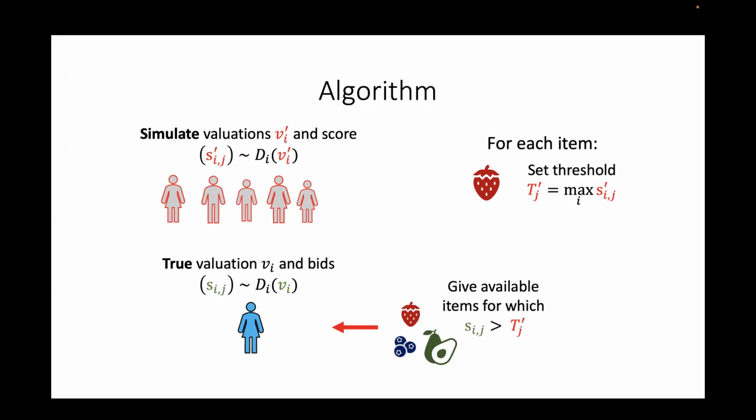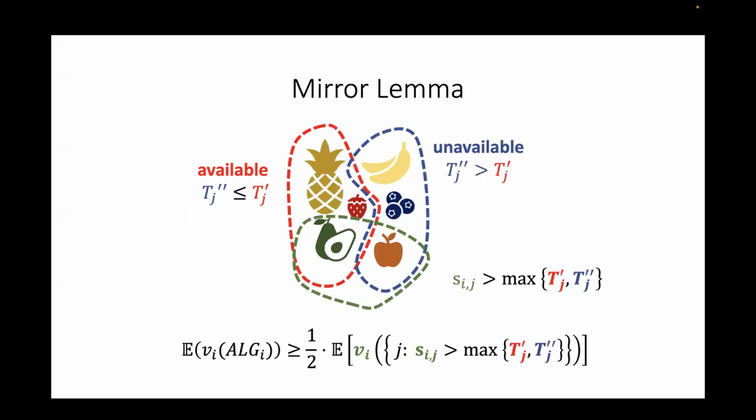And then I will do in parallel the allocation for each item. If the score is larger than the threshold, I will assign this item. So it's really just using this tool of random score generator, doing in parallel what I did for the single item.